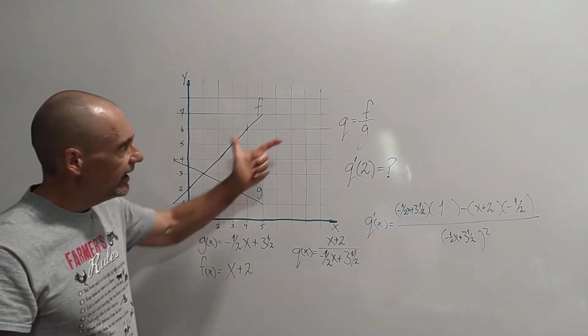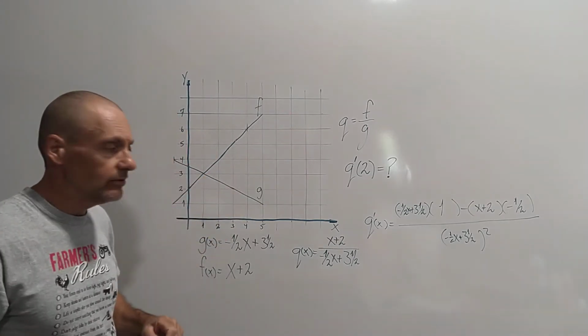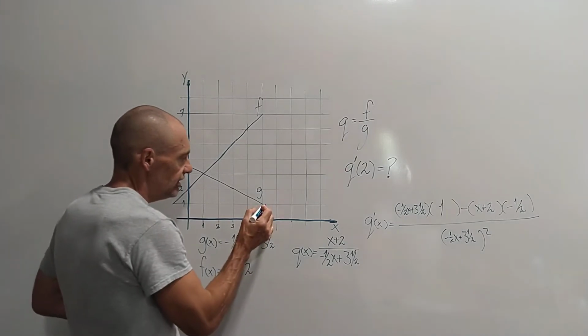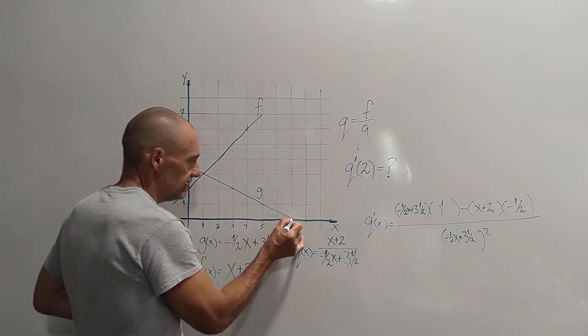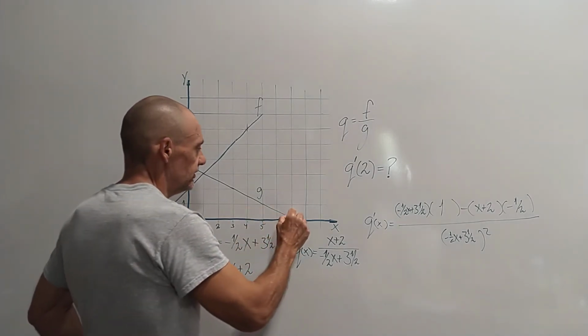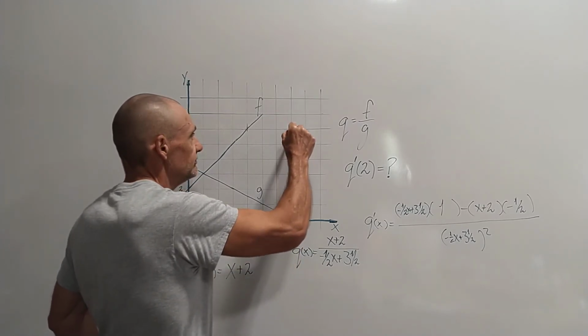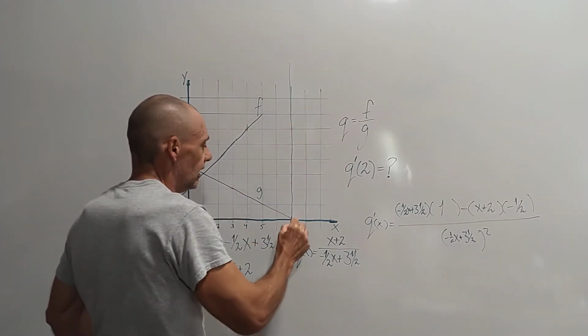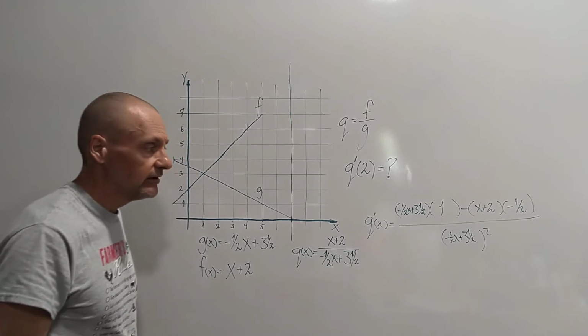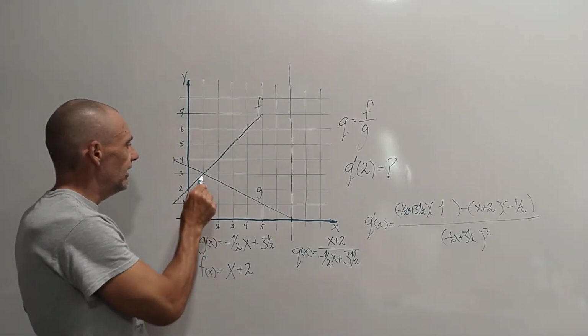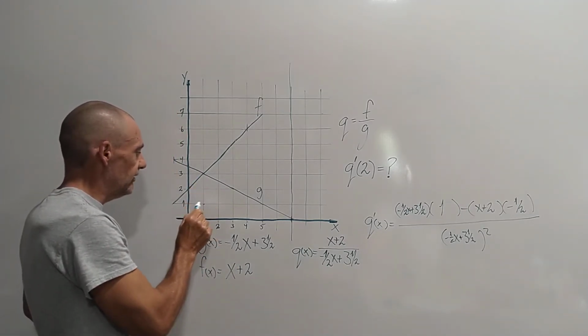You know, f over g is not linear. If you look, g crosses the x-axis here, so this is actually going to be a vertical asymptote of q. Here, f and g are the same, so q is going to have a value of 1.